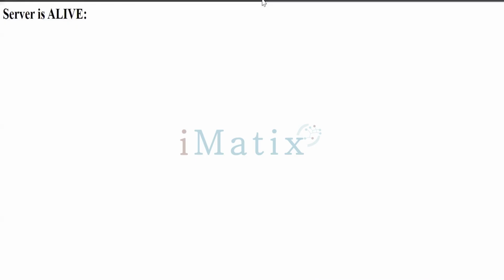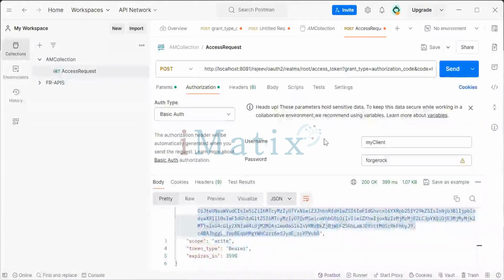Can we test the scenario in Postman? You can fetch the access token the same way, but this one will be a little bigger because here you need to give the URL and cookie details as well.